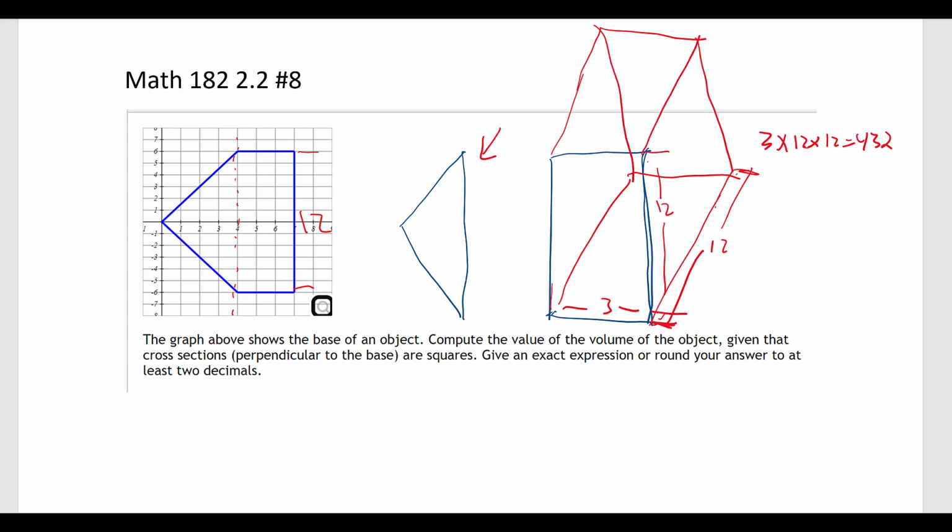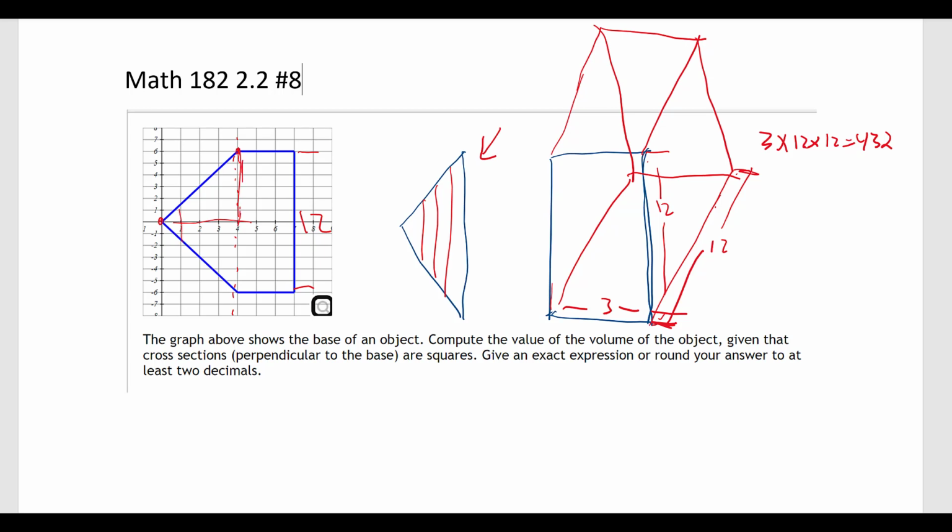What's different about this is that if we think about cross-sectional areas, these cross sections are varying. So this is the variable part, and we have to come up with a formula for it. And knowing it goes from 0 to 4 on the x, and then 0 to 6.